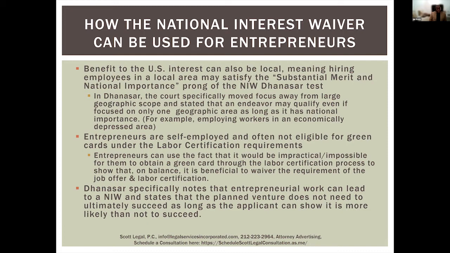That's something that we can use. Typically, we like to use that in conjunction with something else. So if the business is making something or providing some type of service, we do like to focus on that particular service or product as being in the national interest as well, and then also relying on job creation.